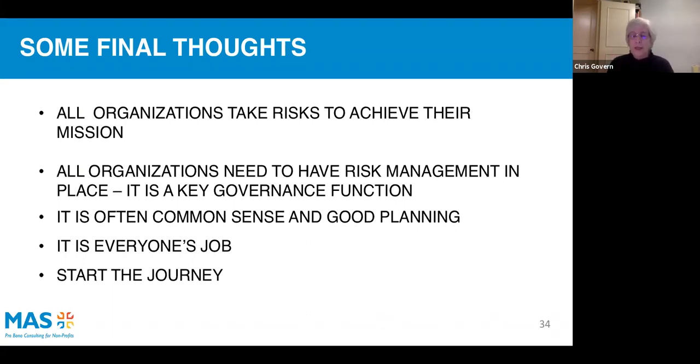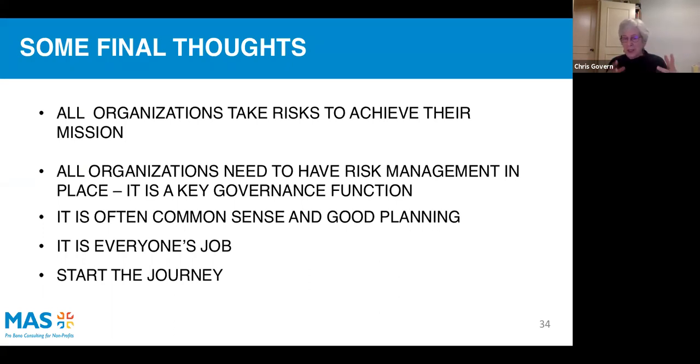So all organizations need to have risk management in place. It is a key governance function. If you are a very small organization, you should still have a risk management framework. Mass is a very low risk organization given the type of organization that we are and the activities we undertake.